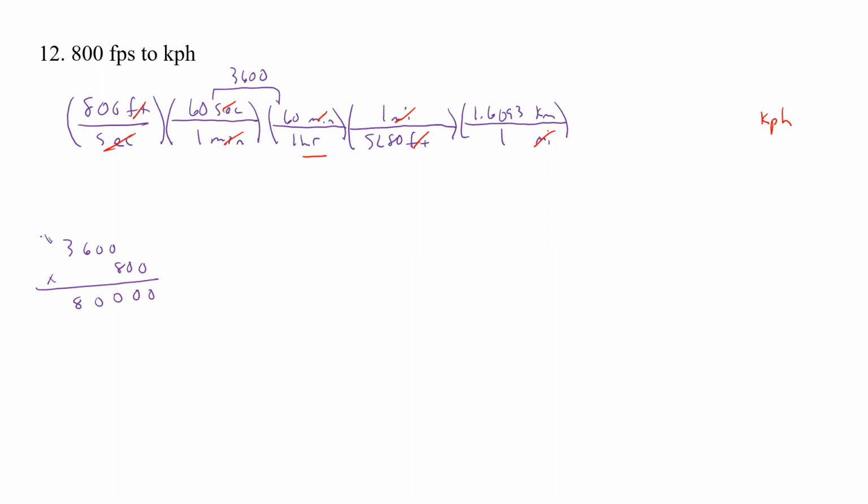And now we have 24 and 4, so it's 28. So that's a pretty big number. And we're going to take that times this, 1.6093 times 2,880,000.